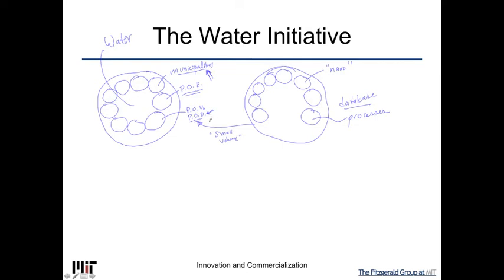We're going to work on smaller devices that can be deployed more easily and closer, if not directly, to the consumer. And so we concentrated on small volume, and then we thought about the processes that would be available in that small volume to tackle certain kinds of contaminants.